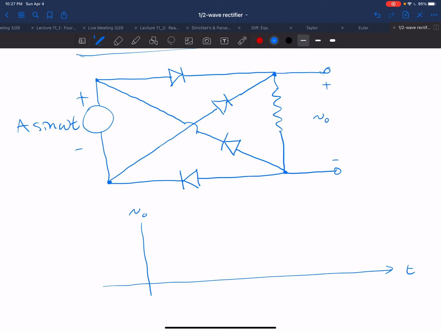So during the first half period, it's going to give us exactly the same waveform because it's going to be using this half-wave rectifier that we've got here, composed of those two diodes. So we'll get exactly this sort of half of a sinusoidal waveform that we saw before.